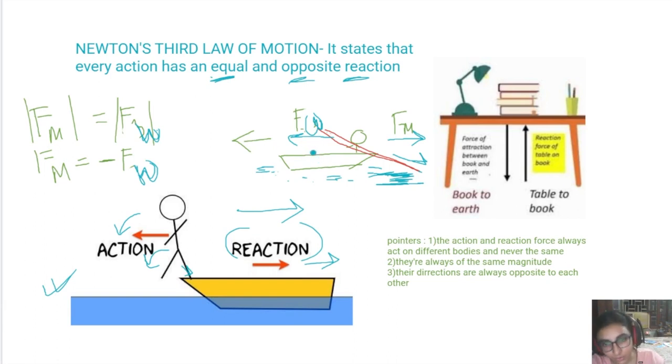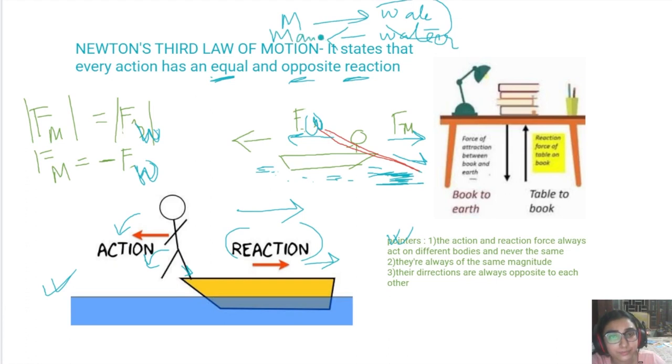So if you see in the examples, the action and reaction force always act on different bodies and never on the same body, right? Like you are exerting the force on water, man is exerting the force on water, but water is the object. And when water is exerting the force, it is exerting the force on the man.